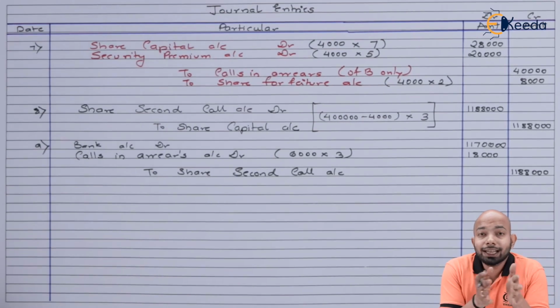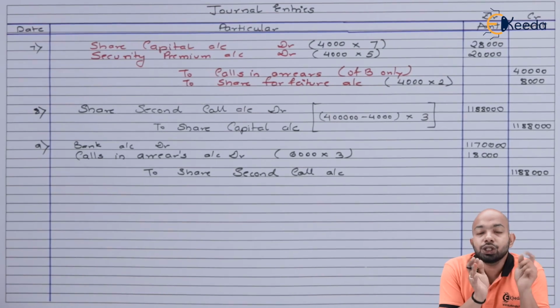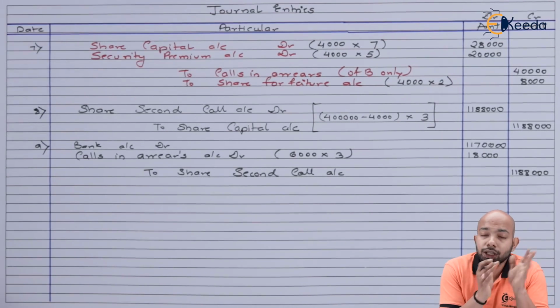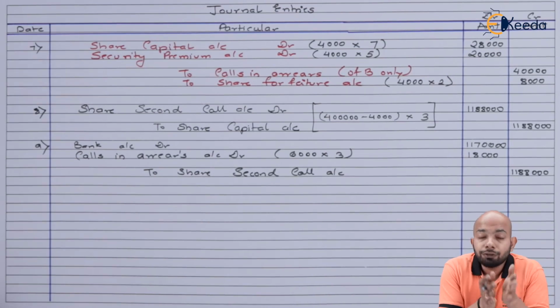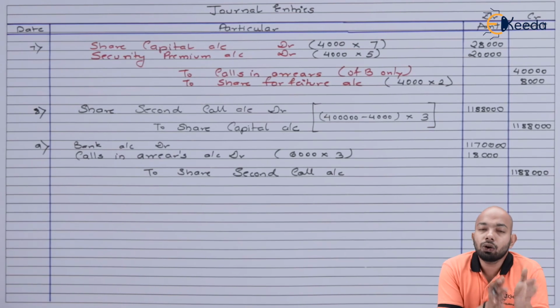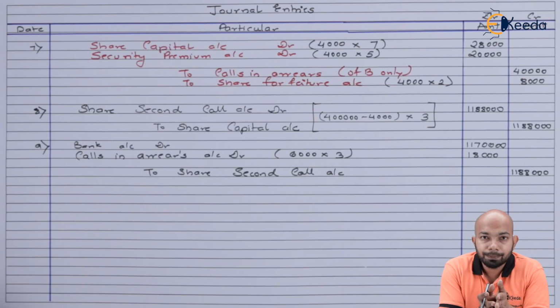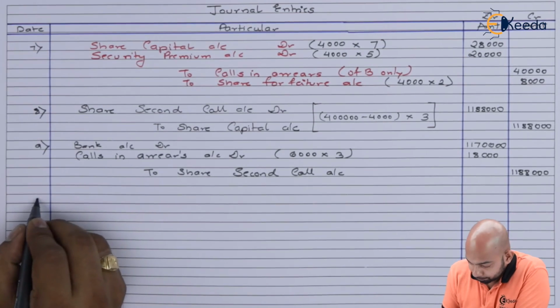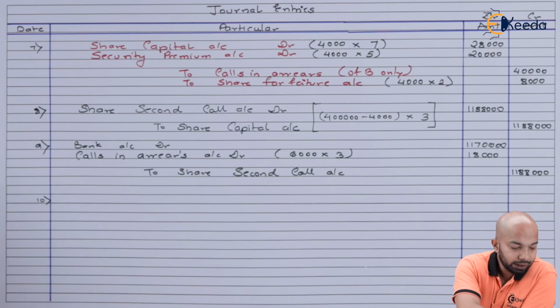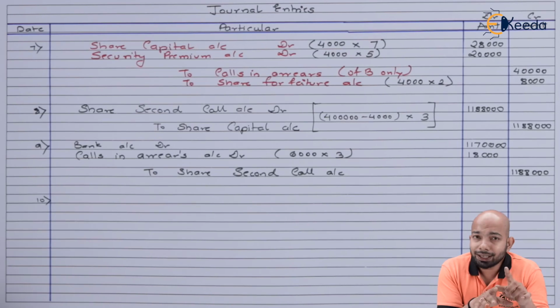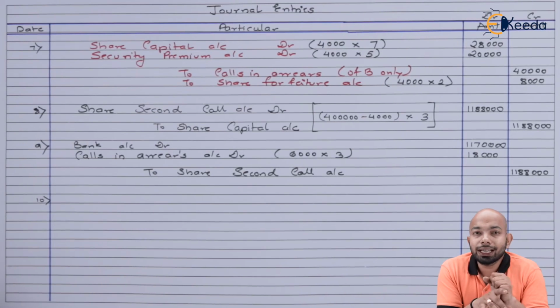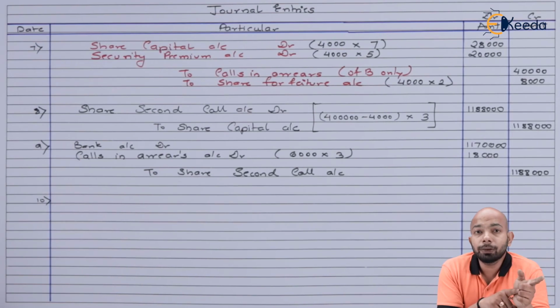Now, after this, the company decided to forfeit his shares as well. That means 6,000 shares are also to be taken off the grid. Now, we'll pass the entry for share forfeiture account of the second call, or rather of Mr. X here. As we're talking about share forfeiture of Mr. X, he didn't pay only the first and the final call, but he has paid the allotment money.